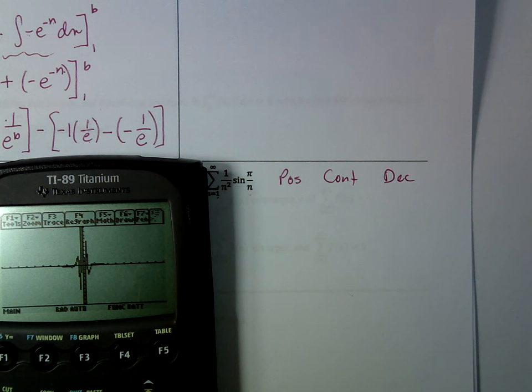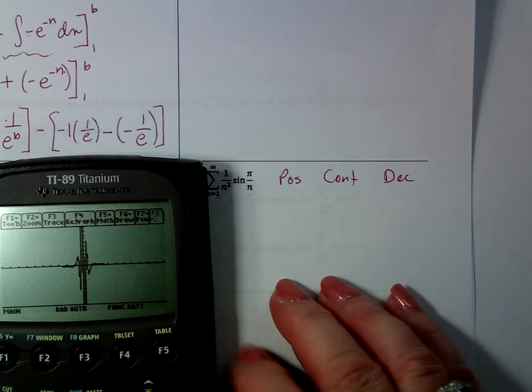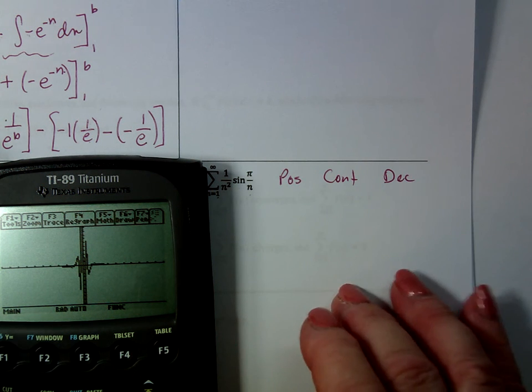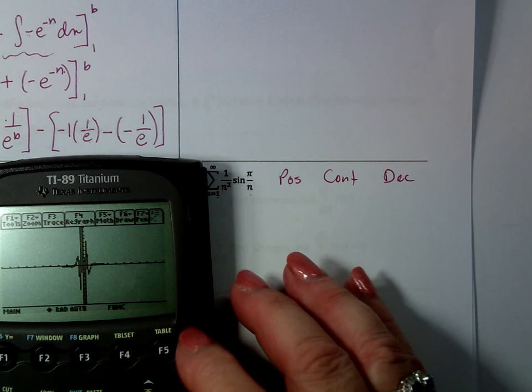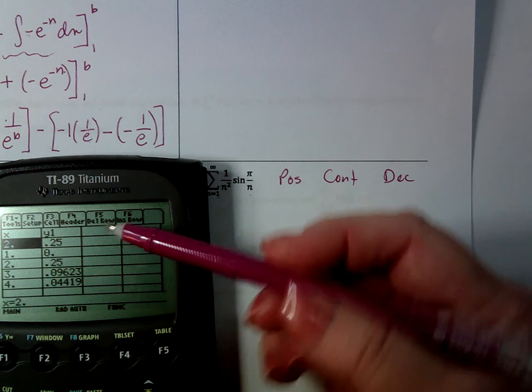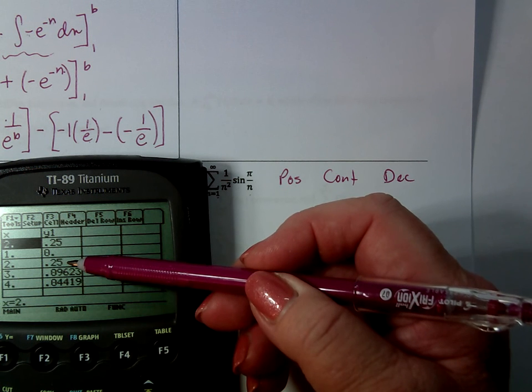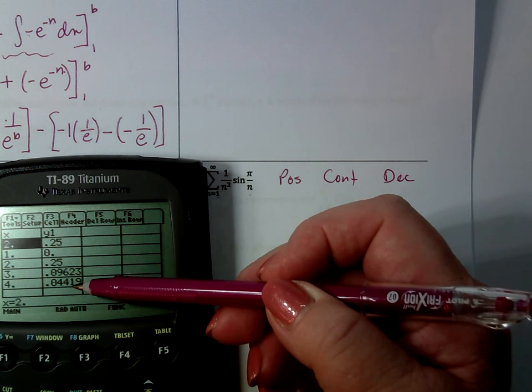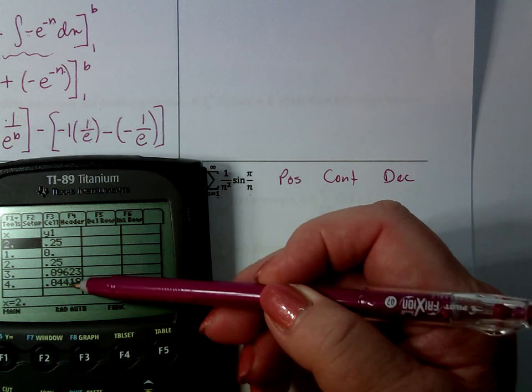Now I know that that looks like a whole funky thing there, but really I'm only concerned about values of n equals 1. So let me go to my table. It starts at n equals 1 is 0, and then n is 2 is 0.25, n is 3 is 0.09, n is 4 is 0.04. Are they continuously getting smaller? They're all positive, right?